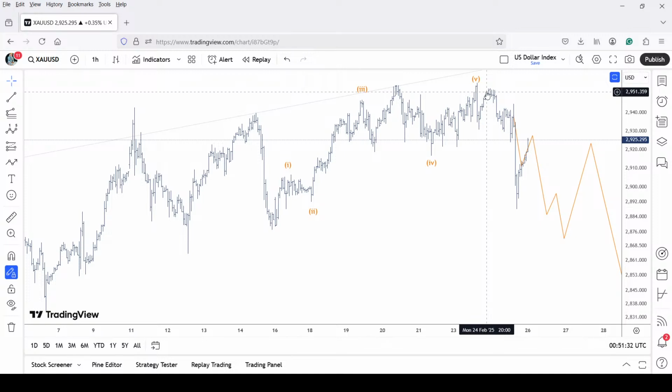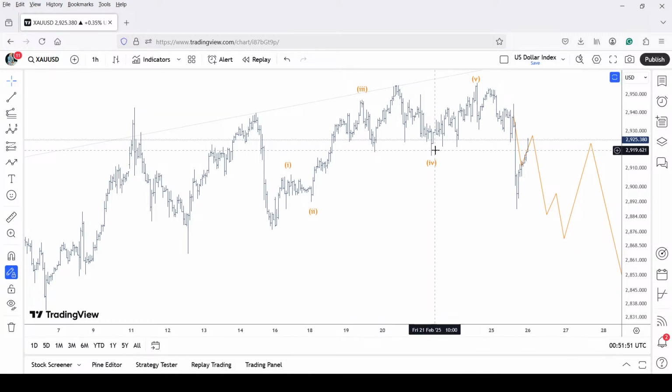If you look at the structure in gold, had it broken 2875, it would have been better, because that's the boundary which really is in question.